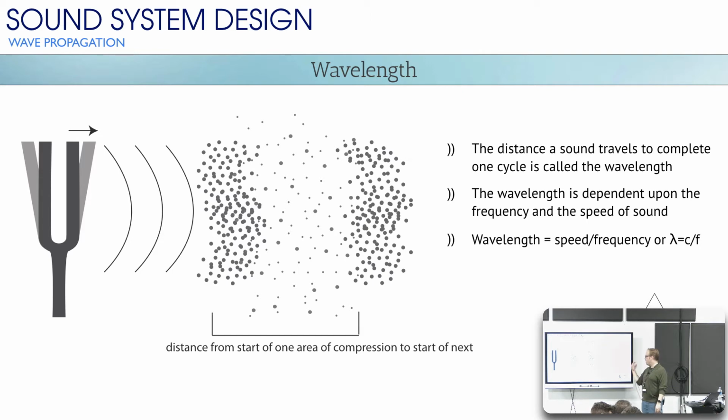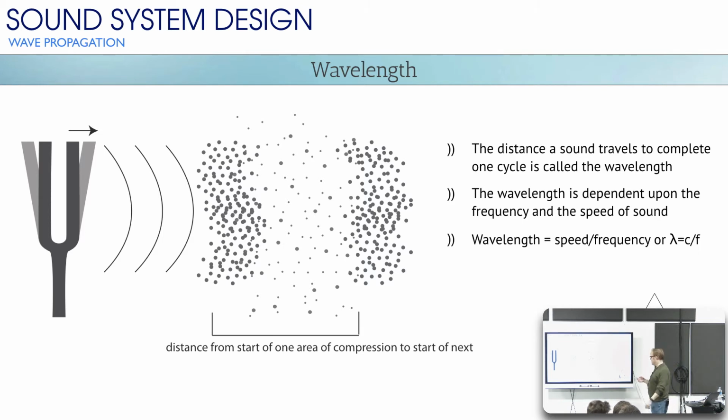You can figure out wavelength by taking the speed of sound and dividing it by the frequency. I learned these little triangles when I was in high school, which I found very helpful, because we will do a lot of conversions between frequency and wavelength, and frequency and wavelength into speed of sound, and so on.